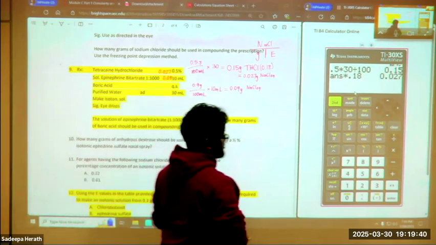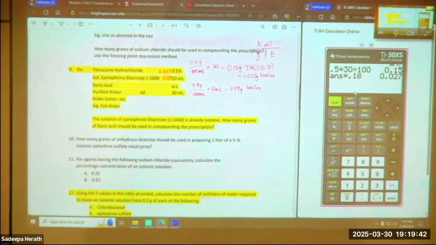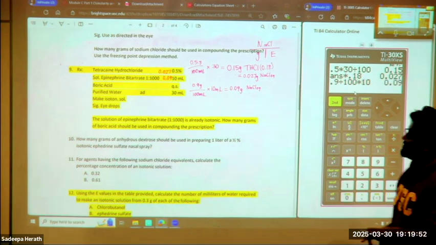Let me just make sure I multiplied that right. 0.9 divided by 100 times 10. Yes, we did that right.